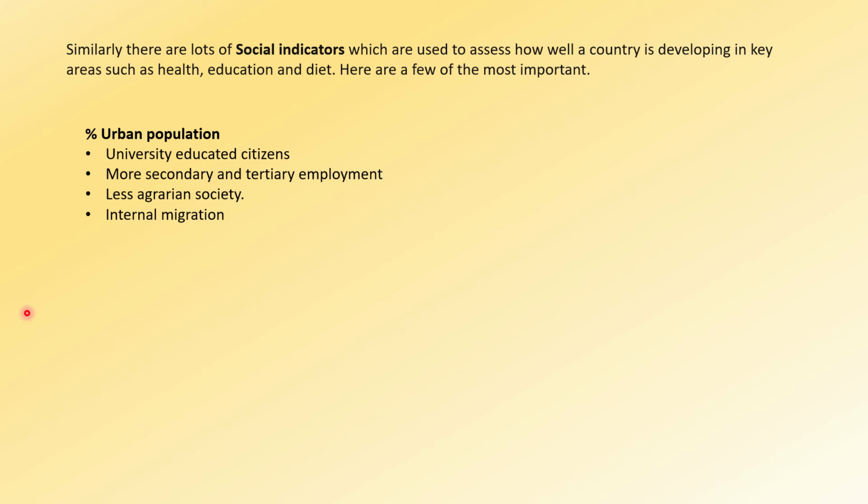An easy way to understand this is primary employment is when you take something out of the ground. So for example, a farmer taking a potato out of the field, that is a primary sector employment. The person who works in the factory that turns that potato into chips, that's secondary employment.